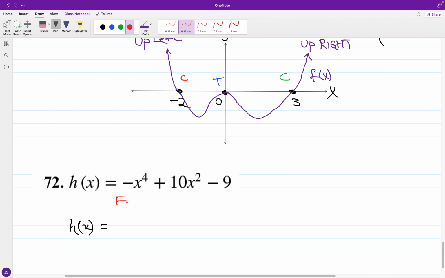So I can factor out -1, or factor out the negative sign. So for h of x, I can write this as the opposite sign of x to the 4th minus 10x squared plus 9.